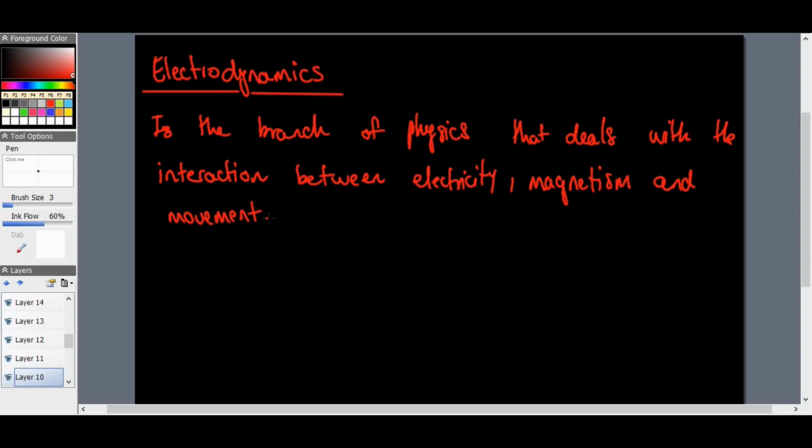But what we must understand is that there is a backstory. When it comes to the magnetism part, your knowledge of Faraday's law and the right-hand rule and the left-hand rule is going to be required to understand the direction of current.